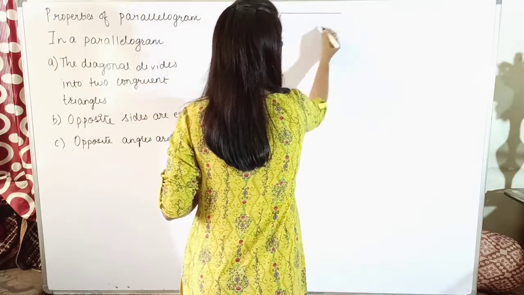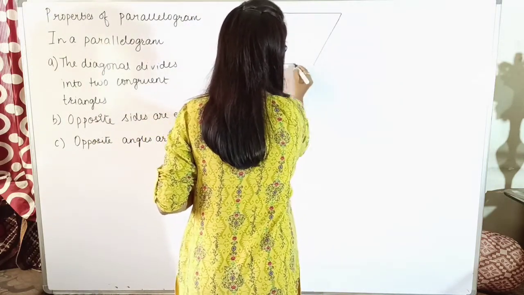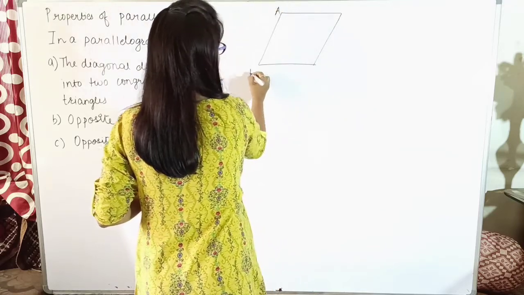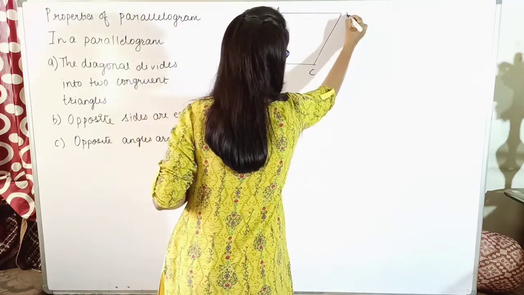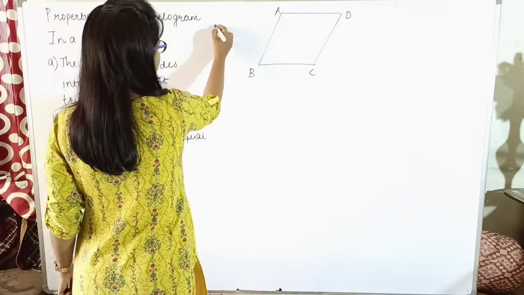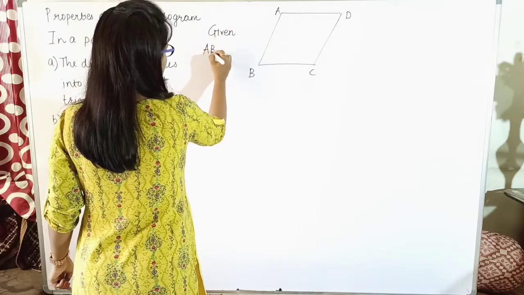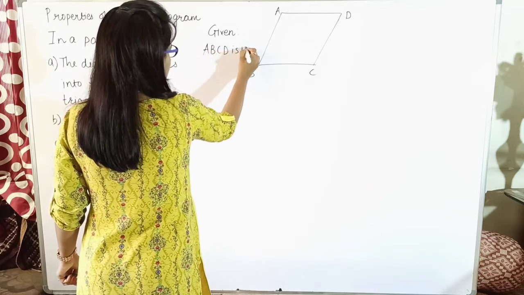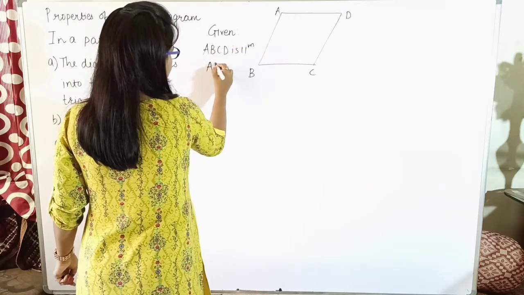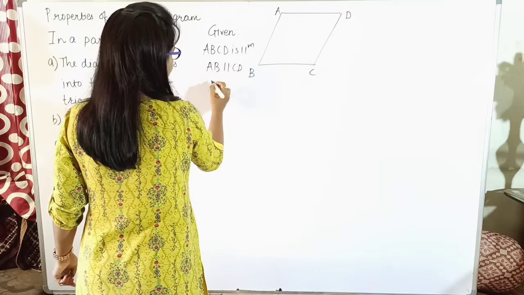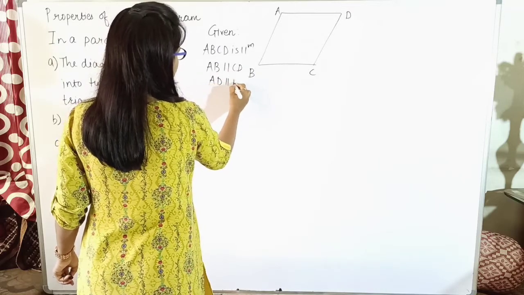Suppose the name of the parallelogram is ABCD. So A, B, C and D. Okay, so your given information is they themselves have said that ABCD is a parallelogram. So which means AB is parallel to CD, whereas AD is parallel to BC.